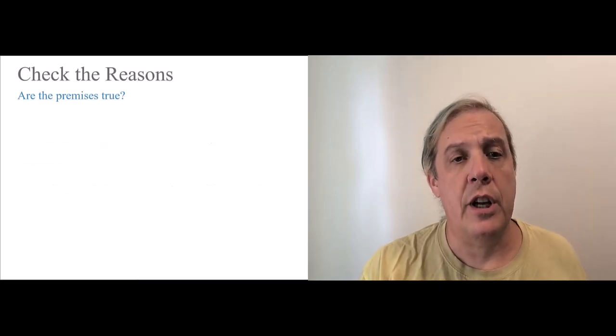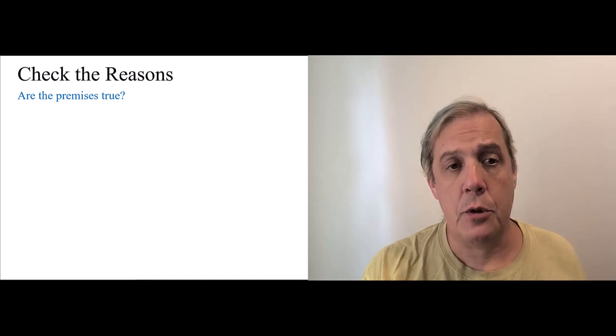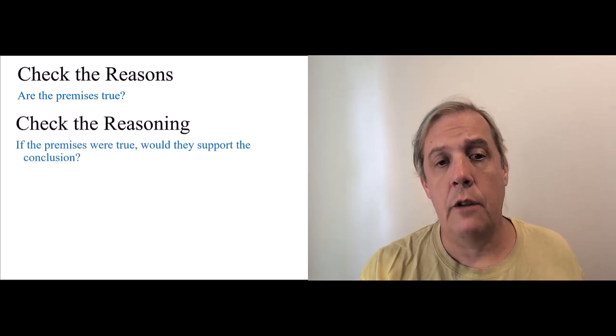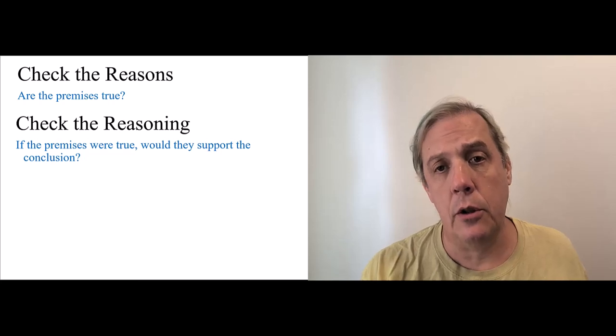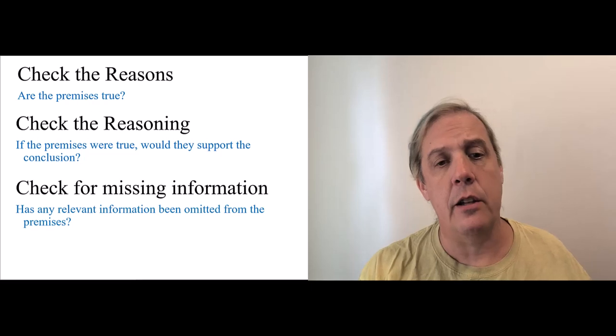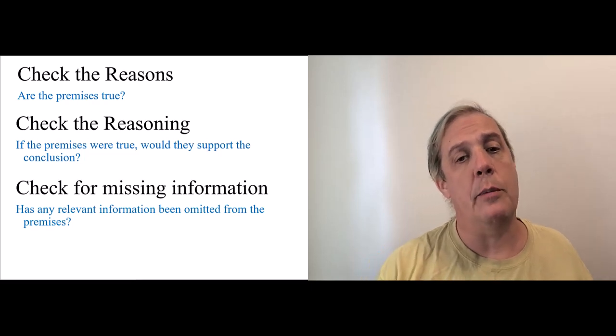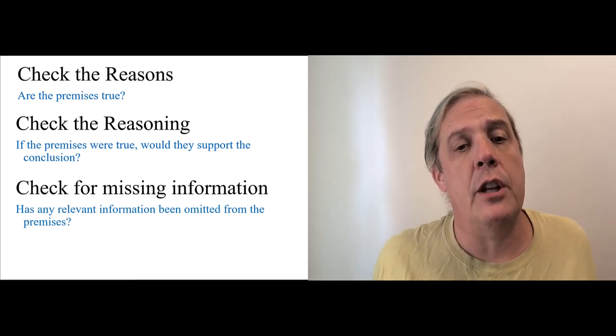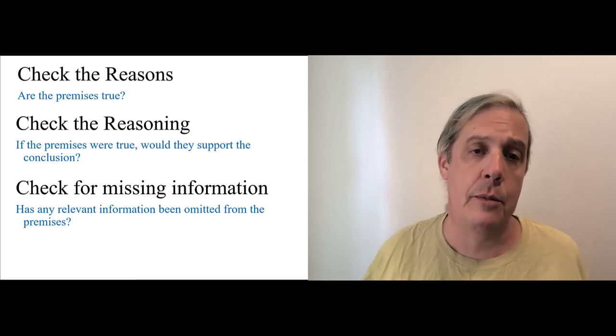You want to be checking the reasons: are the premises true? Check the reasoning: if the premises were true, would they support the conclusion? That's what corresponds to the previous 2 ideas. And then, because this is a practical course, you want to be checking for missing information. Has any relevant information been omitted from the premises?